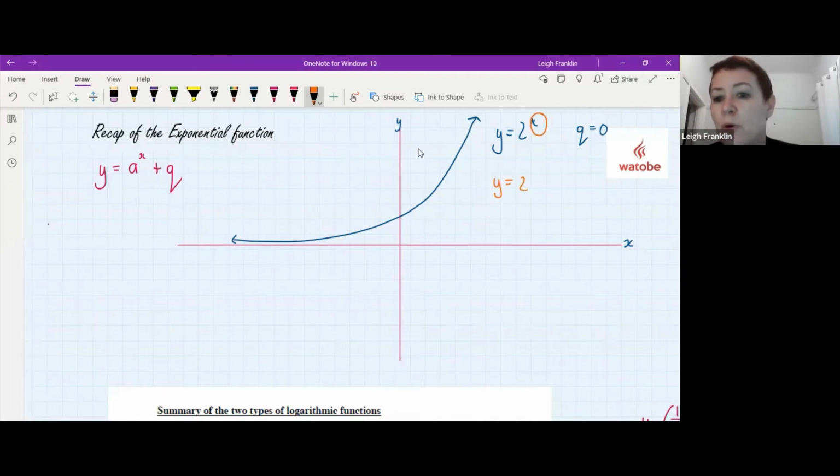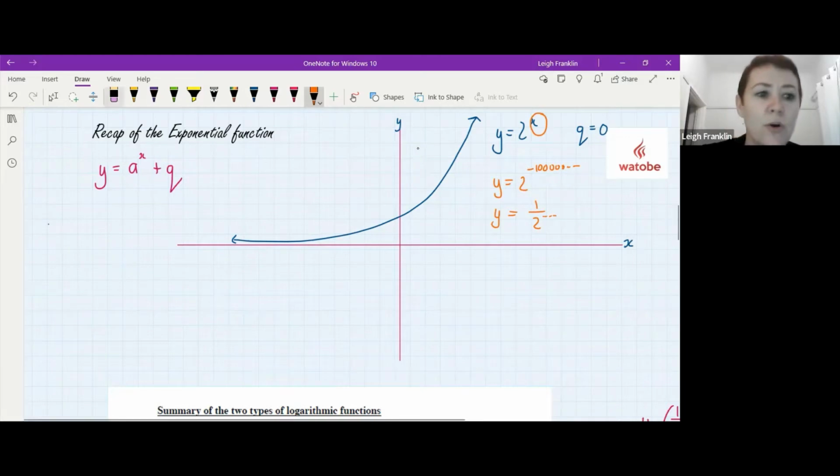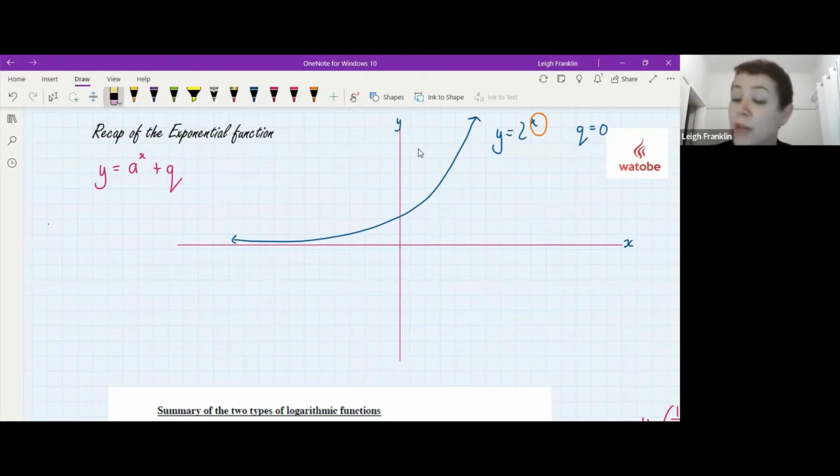You could make your exponent the smallest number you could imagine, the most negative number you could think of. Those zeros could go on forever, and we would still get a positive answer. So our answer would be 1 over 2 to the power of whatever it was, the most minute, tiniest little fraction in the world. But there's nothing that we can raise 2 to in order to get 0 or a negative out. That's the reason why the x-axis is an asymptote and the graph will never ever touch it.